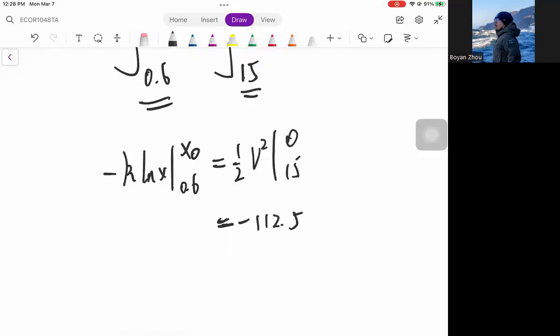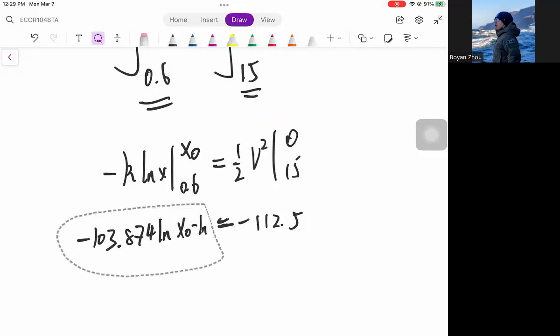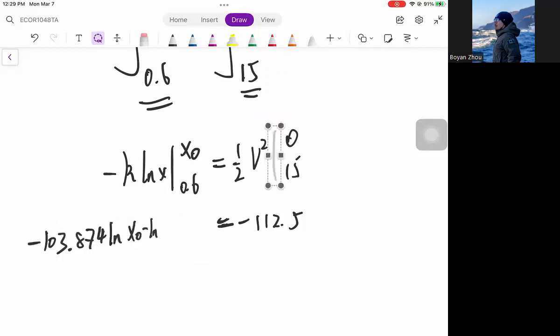And on the left hand side, that is going to be negative, just put in the k value, 103.874 times ln x naught minus ln 0.6.